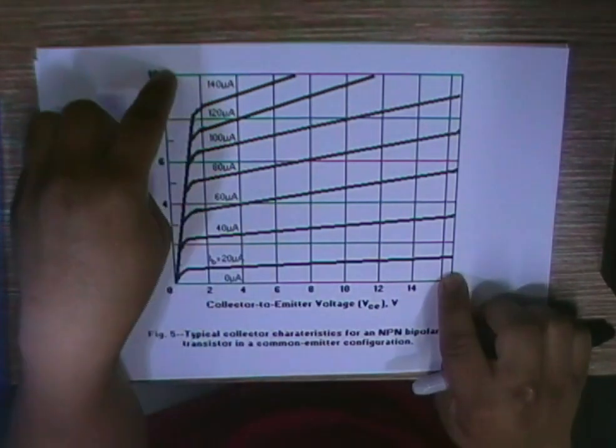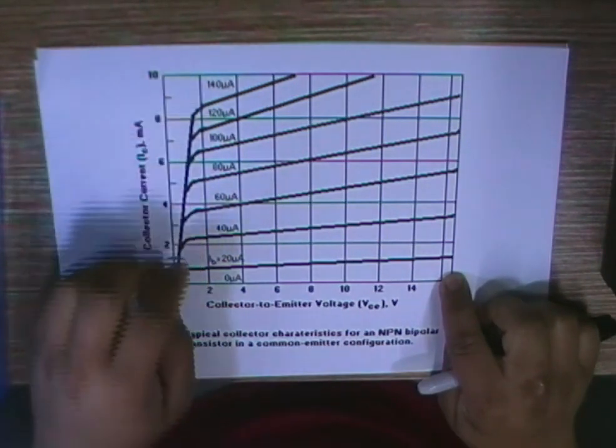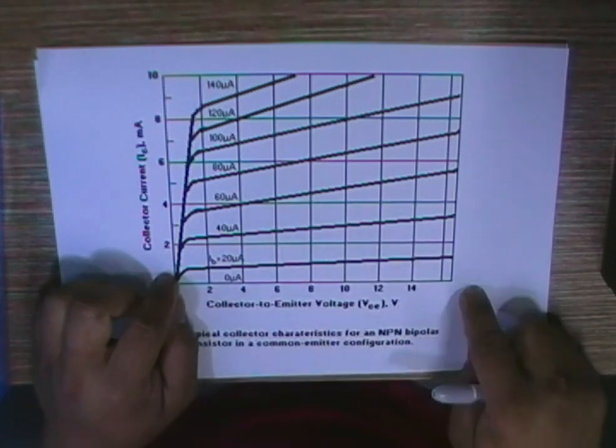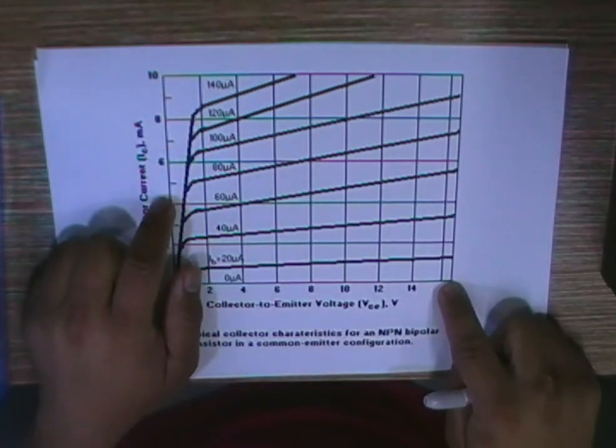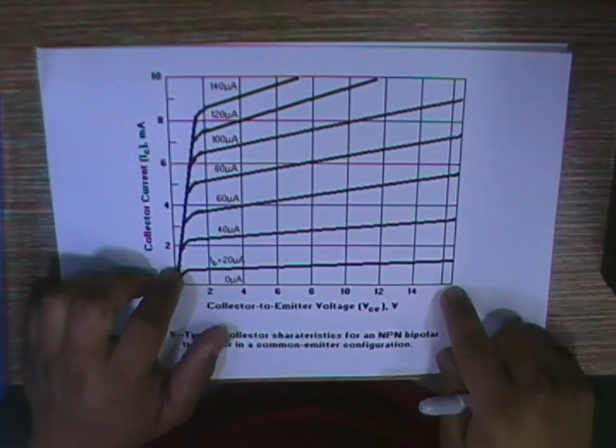If the slope is very steep, it means that the gain is small. If the slope is not that steep, it means that the gain is medium. Else, it is a high gain amplifier.